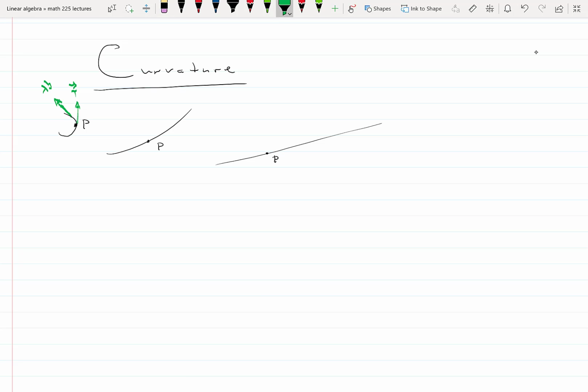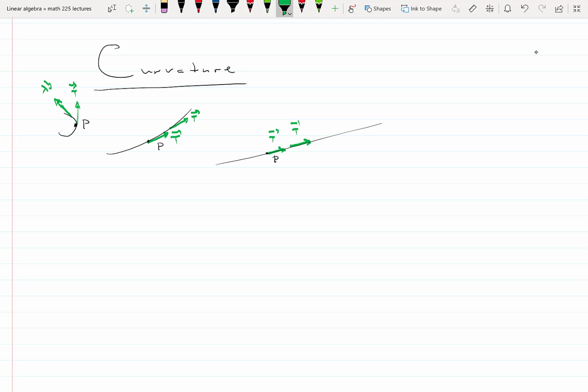Whereas if I'm at a point P on the second curve, here's the unit tangent vector, and then if I move a little ways along the curve, the unit tangent vector doesn't make too much of a change. And along the third curve, which looks like a line, if I draw a unit tangent vector at a particular point P, and then draw another unit tangent vector after moving along the curve just a little bit, there's no change in the unit tangent vector.